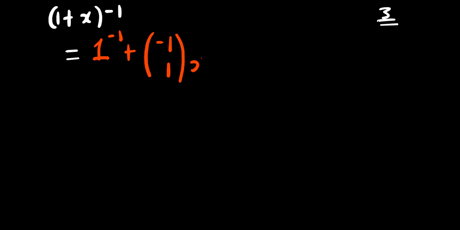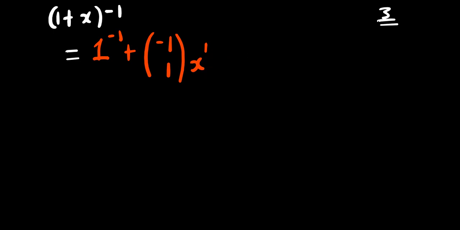Then you're going to get x, and this x will be to the power 1. The other expression is 1, and 1 minus 1 just gives you a 0, so it will give you a 1. That's why we are not putting a 1 here, because it just gives us a 1 at the end of the day.